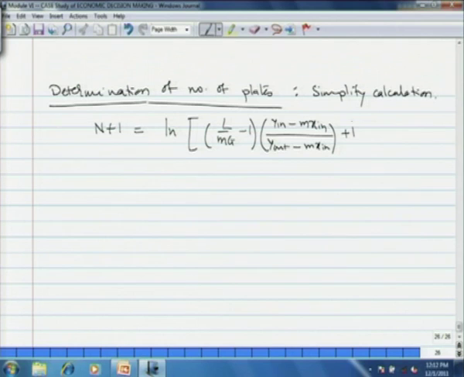And let us see whether we can simplify this equation with certain reasonable assumptions.